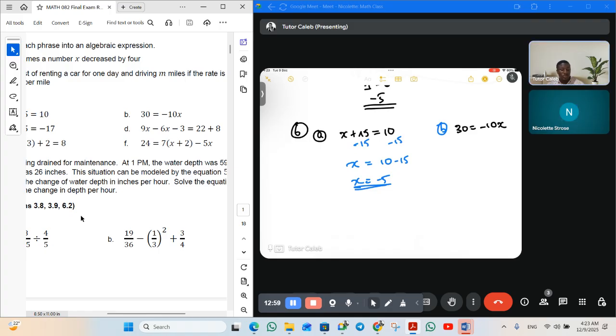So we'll say 30 divided by negative 10 equals negative 10x divided by negative 10. This will cancel with this. And 30 divided by negative 10 gives you? Negative 3. Perfect. So x equals negative 3. Can we proceed? Yes.